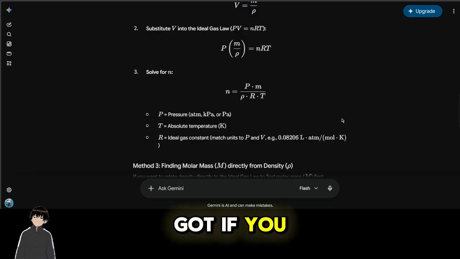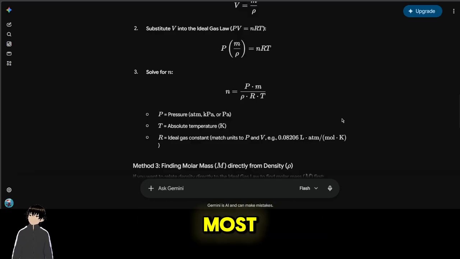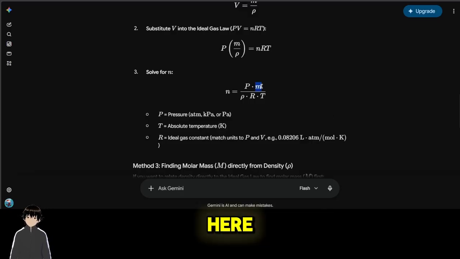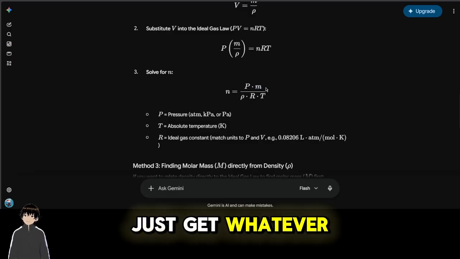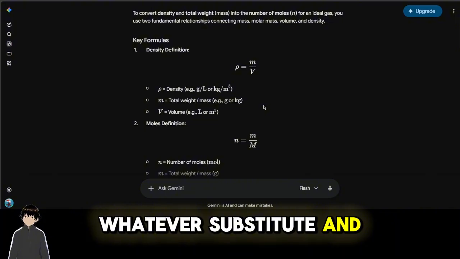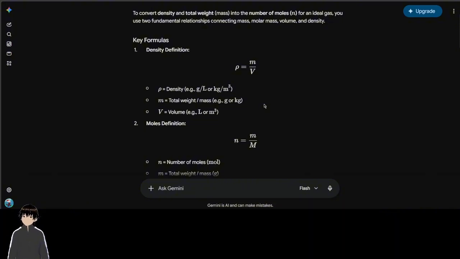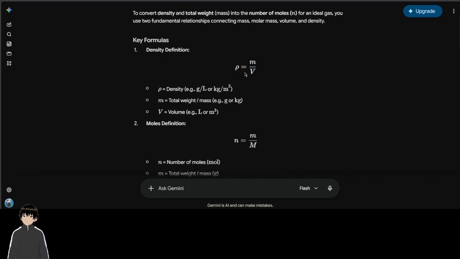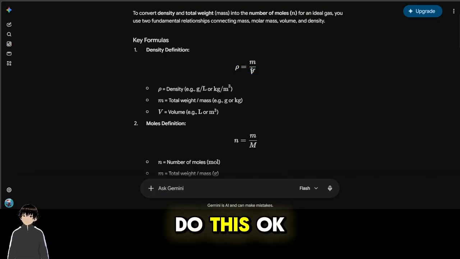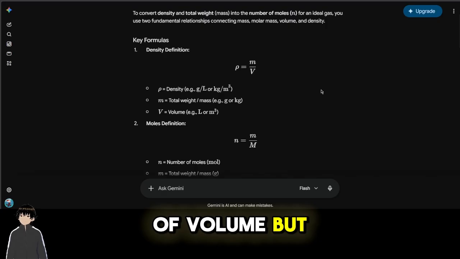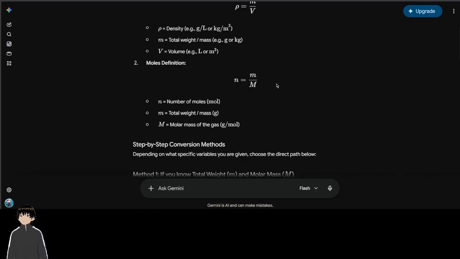If you don't have the volume, you can just substitute. If you don't have the density, you have to do mass over volume.